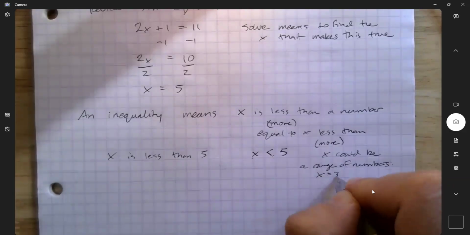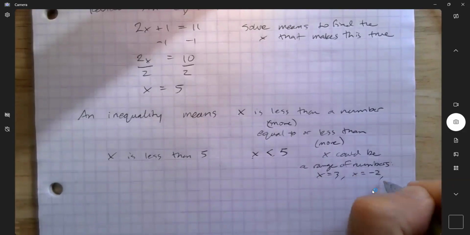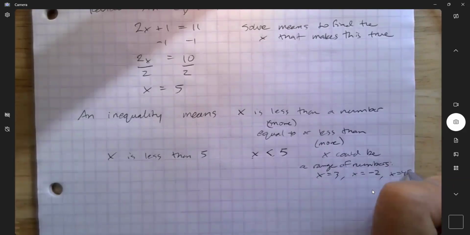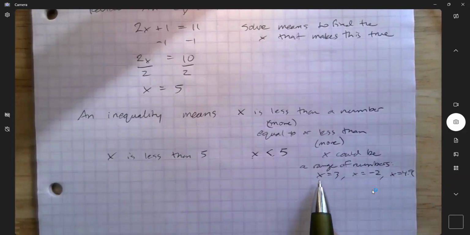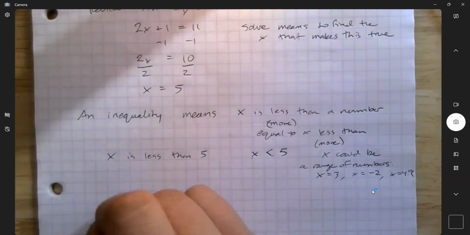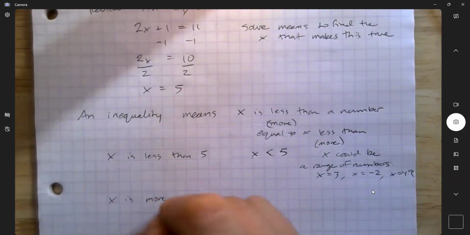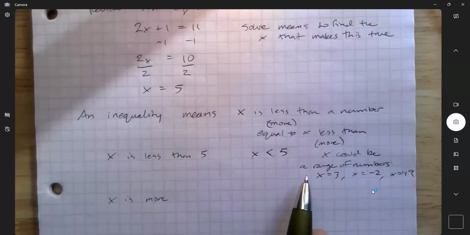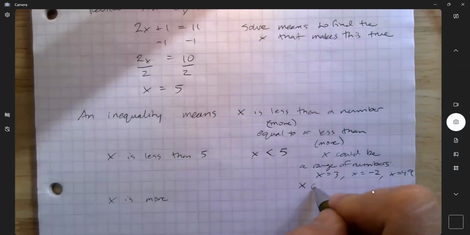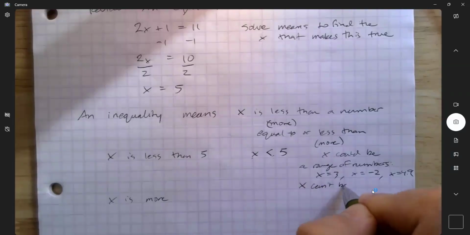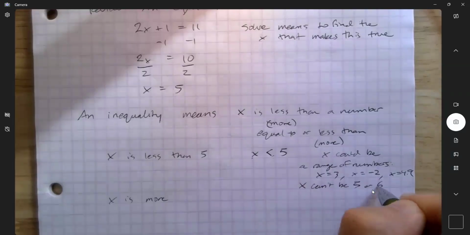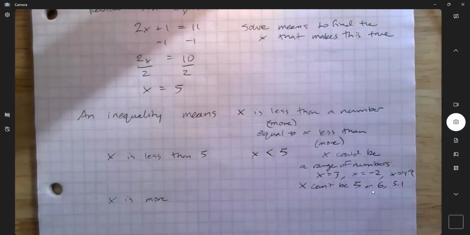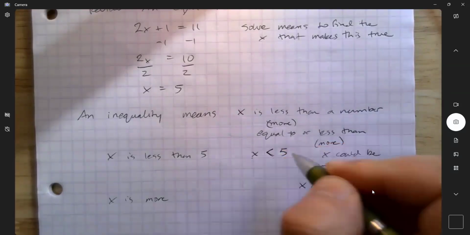Like x could be 3, or x could be -2, or x could be 4.9. But no longer do I have a single number, but a whole range of numbers. Before I move on, x can't be 5 or 6 or even 5.1 because it has to be less than 5. That's what this symbol means.